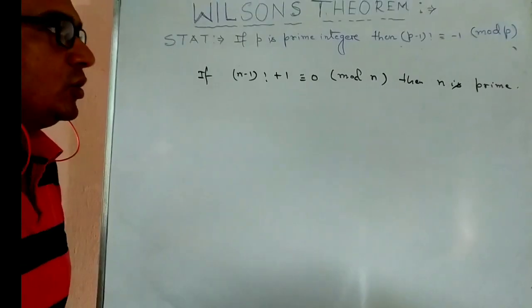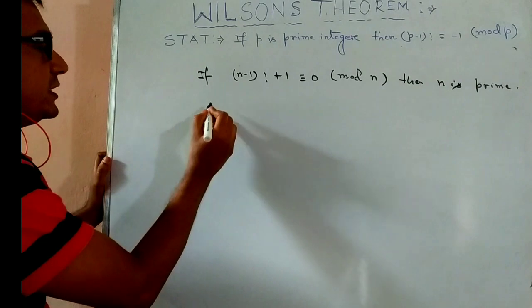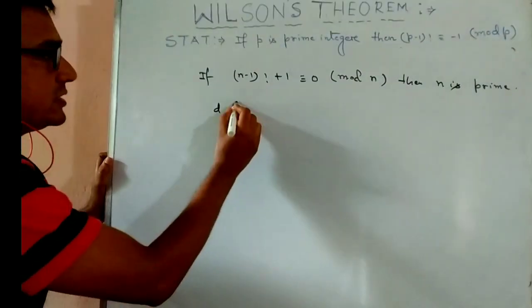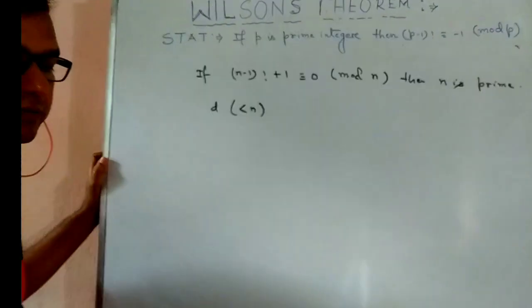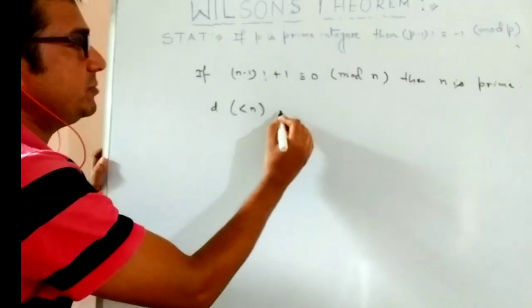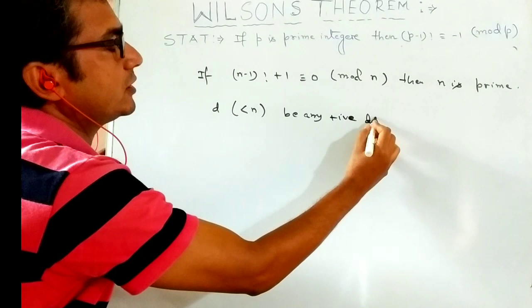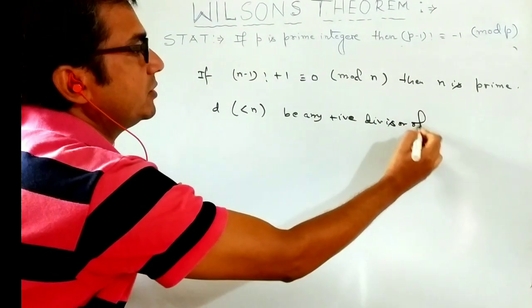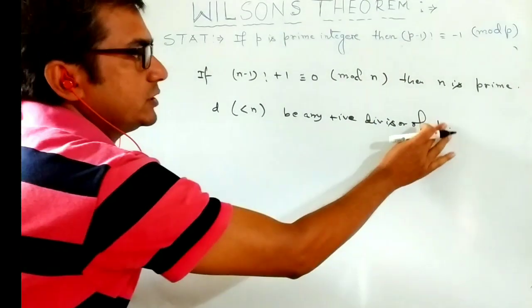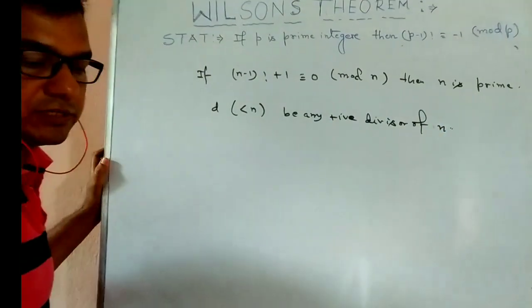To prove this, let b less than n be any positive divisor of n.